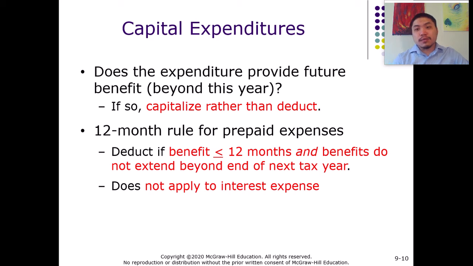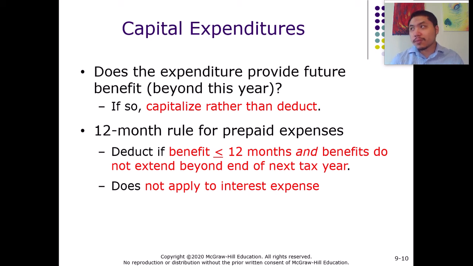Basically, capitalize means you have to consider whatever you're acquiring as part of your assets, and then you depreciate or amortize the asset over time, instead of expensing, which means you can deduct the whole amount.